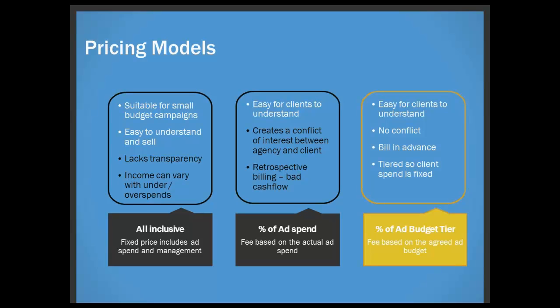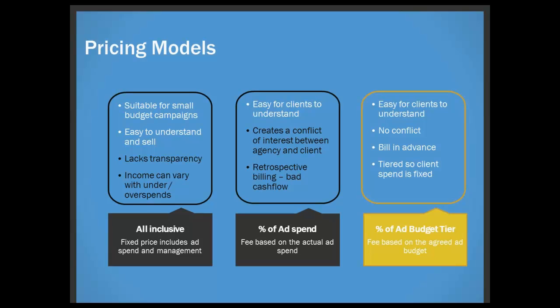So the first model is the all-inclusive model, where you would say, for example, I'm going to charge you $1,000 per month, Mr. Prospect, and I'm going to send you some traffic and some new customers potentially. You don't necessarily tell them how much is going on ad spend and how much is going in your pocket and how much is going to end up in your outsourcer's pocket if you use one. So you give them a number, and that's all that customer knows apart from the results from the campaign.